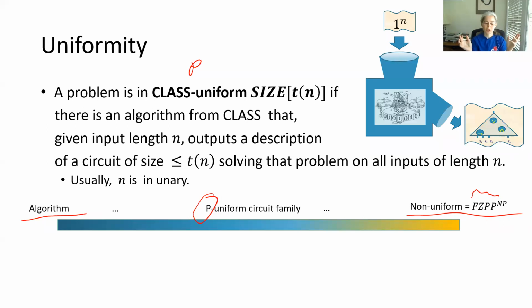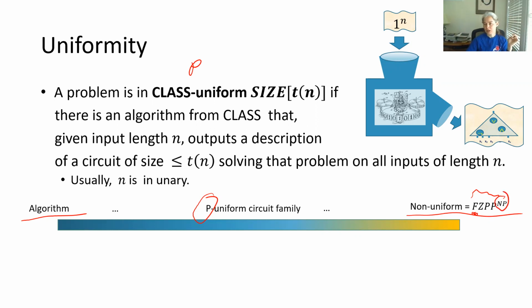You have an algorithm that uses randomness, runs in polynomial time, and either gives you an answer or says, I can't figure it out. And you have a guarantee that it doesn't happen very often. And the FZPP just says that it actually produces some output. It computes, for example, in this case, a circuit.